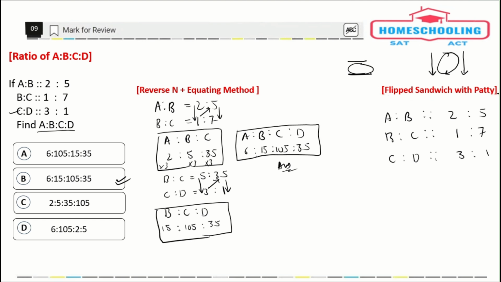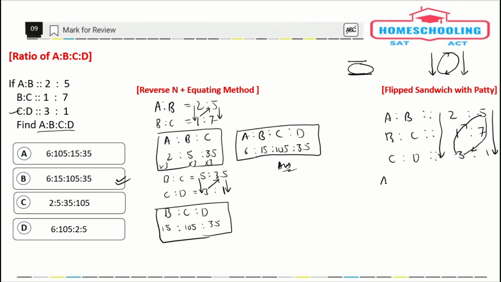So now by using the flipped sandwich with a patty method, we will put this one here. First we will go like this and this, and we will go from here to here like this, and from here to here like this.